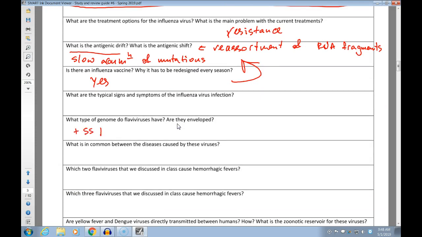Flavivirus, positive single-stranded RNA genome, enveloped. Disease, it's biphasic. Remember, what we call a flu-like disease. Flu-like first phase and second phase is either hemorrhagic fever or encephalitis. Okay? Oh, crap.